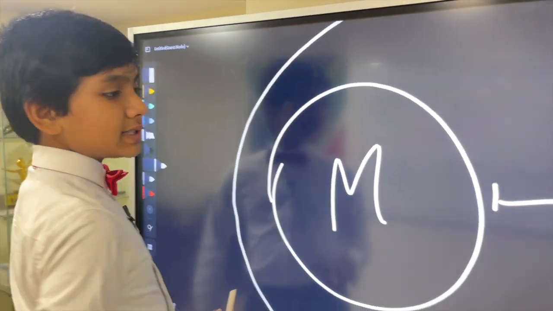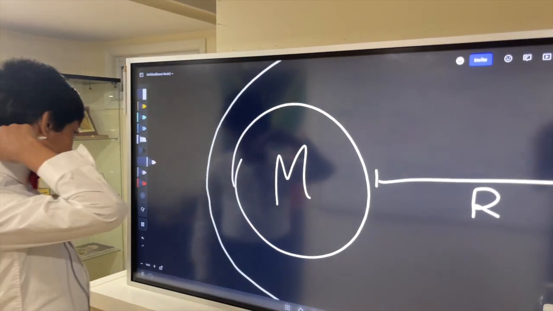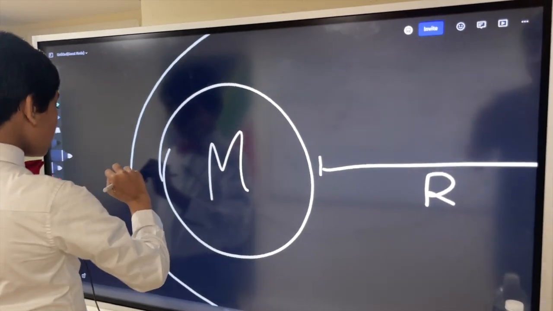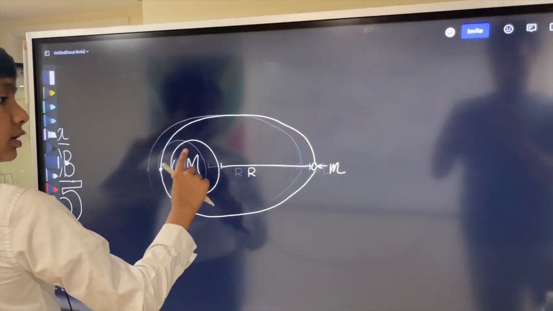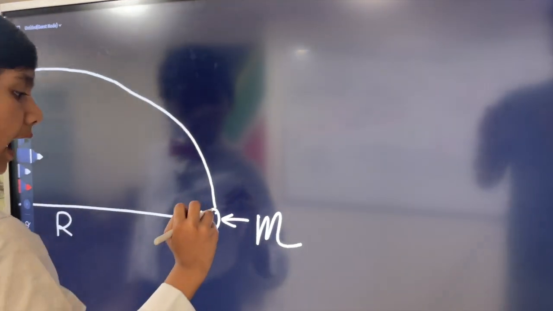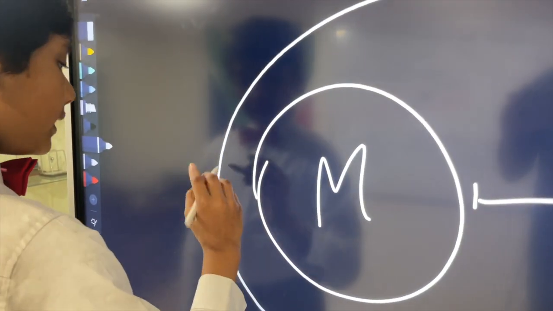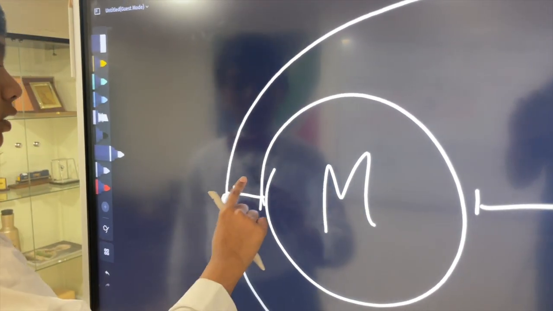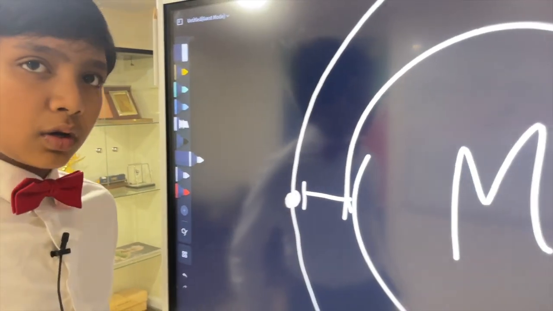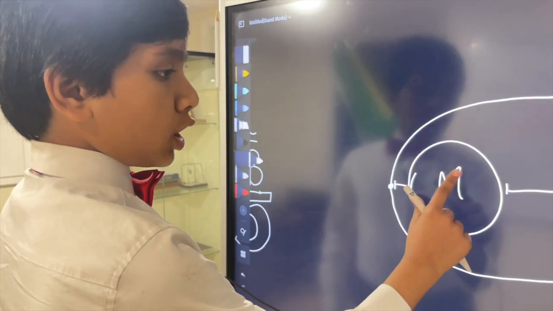And the question basically says, let's say it's traveling at a velocity v right here. So the question says, what is this distance right here between the closest part of the orbit and the star?